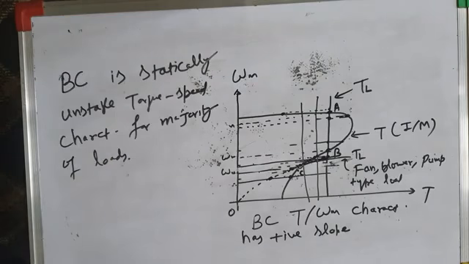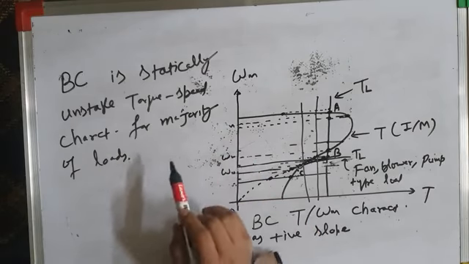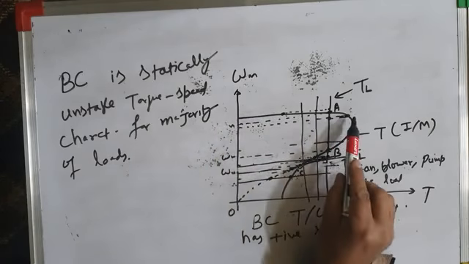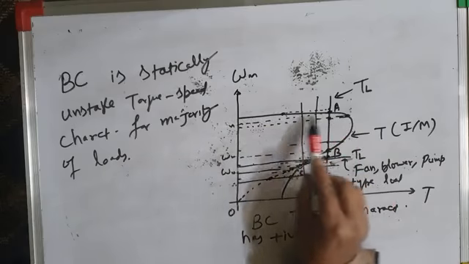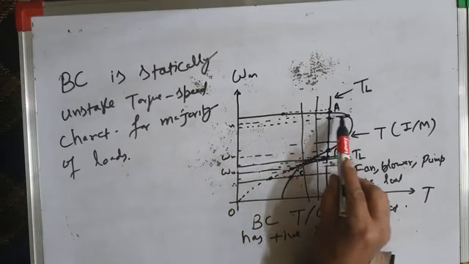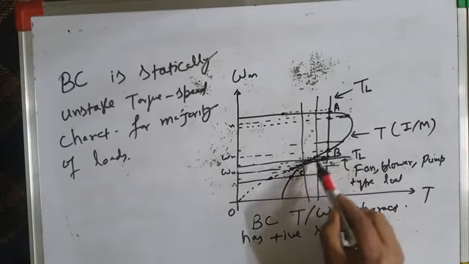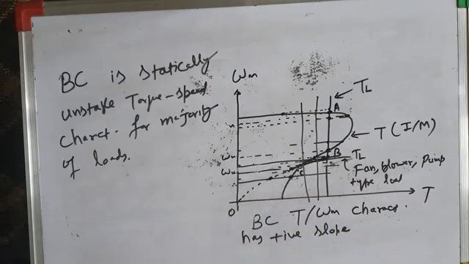And then which is the stable operating torque speed characteristic? This is the stable operating torque speed characteristic, this one, which resembles that of a separately excited DC motor or shunt motor. Whereas this portion of the torque speed characteristic is, for the majority of loads, an unstable torque speed characteristic. Okay, fine.